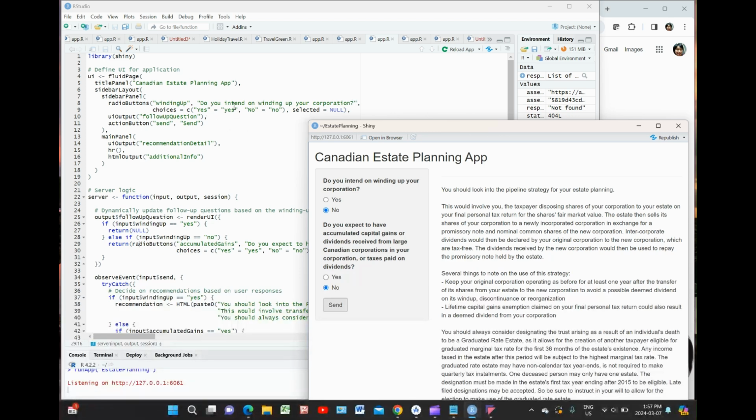And if they answer no, then the UI output, the user interface output, will throw the next question to the user to answer. And we also have the send button, which is here. And we also have the main panel with the recommendation details and additional information.